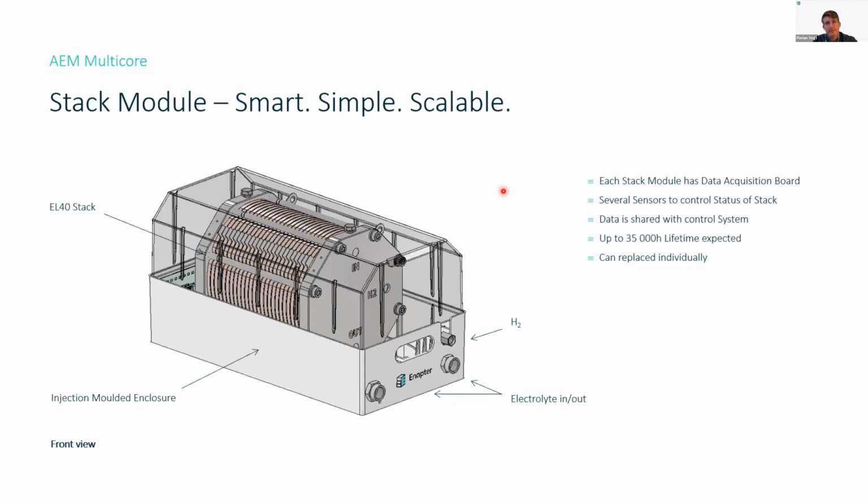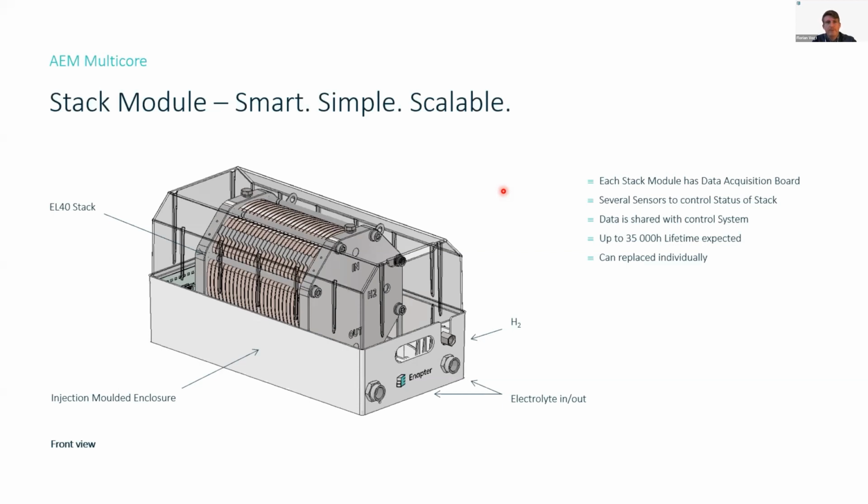So we have no dimensions on it, but it's 300 millimeters long and 300 millimeters wide, or 400 millimeters long and 250 millimeters wide, roundabout. And we have no balance of plant in this product here. So this is only the electrolyzer, and you have to connect it to an electrolyte pump, an electrolyte heater, and a cooling system. Without these things, this will not work. And this is the reason why we connect it to a string and feed it with a shared balance of plant.